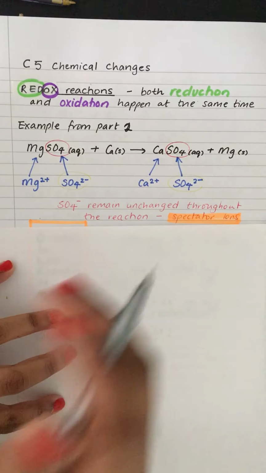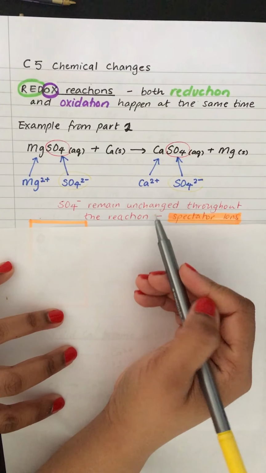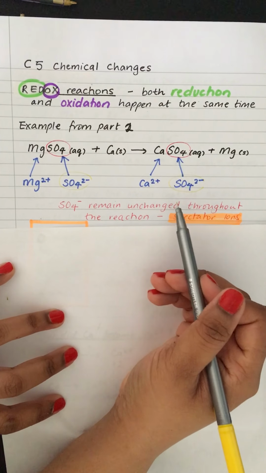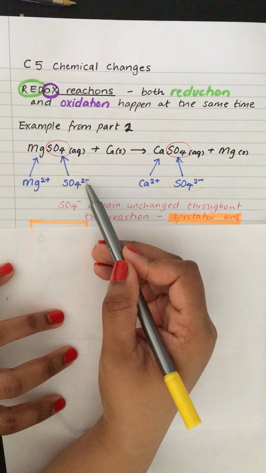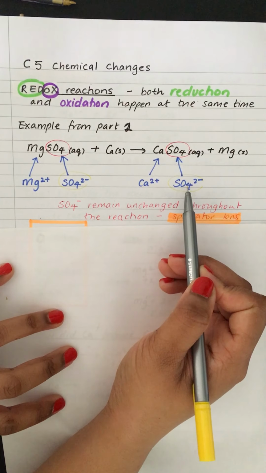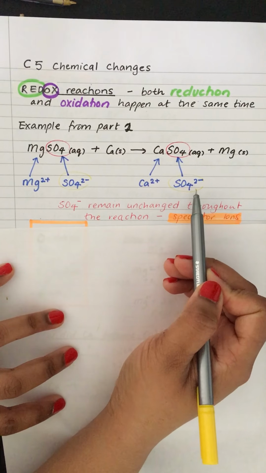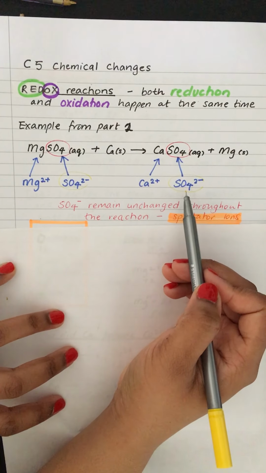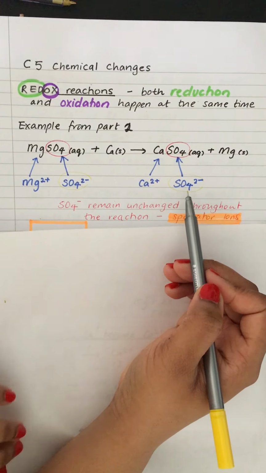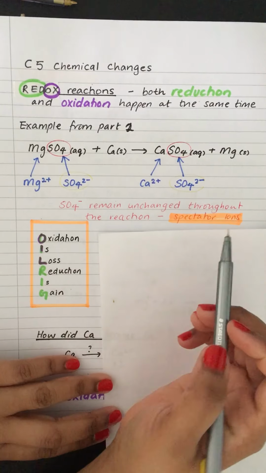They're called spectator ions because they remain unchanged throughout the reaction. Sulfate here is SO4 2-, and on the product side is SO4 2-. So as a result of that, we don't need to include them in our half equations.